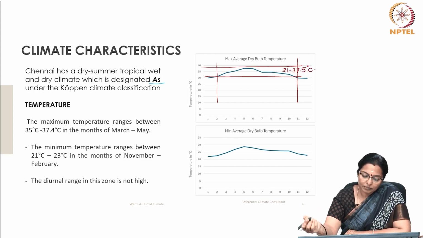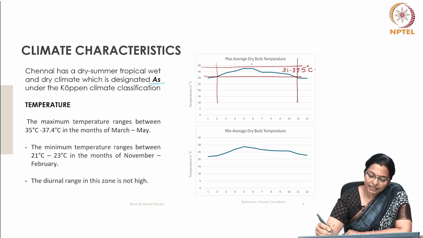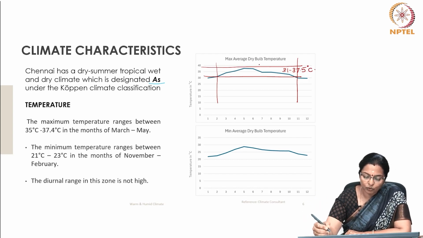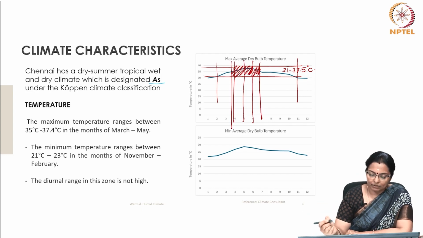So the maximum temperature ranges between 35 degrees to 37.4 degrees during the months of March to May. So this entire time period is a very warm time period for Chennai.